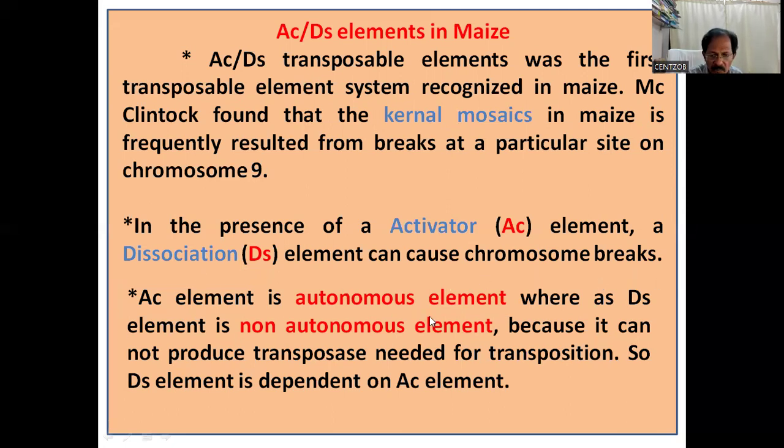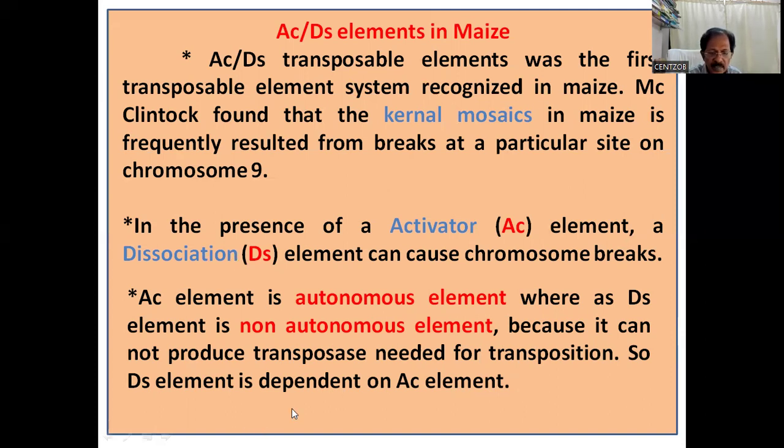The Ac element is autonomous. But remember one thing: breakage at the Ds locus in chromosome 9 occurs only with the help of Ac. So Ac is an autonomous element, whereas the Ds element is non-autonomous because it cannot produce the transposase needed for transposition.